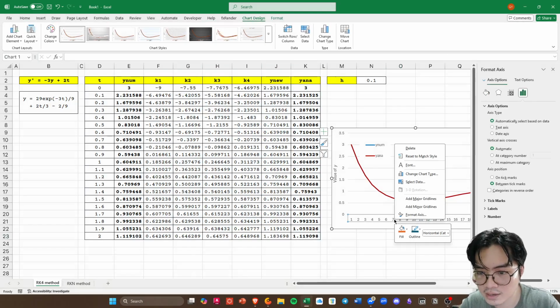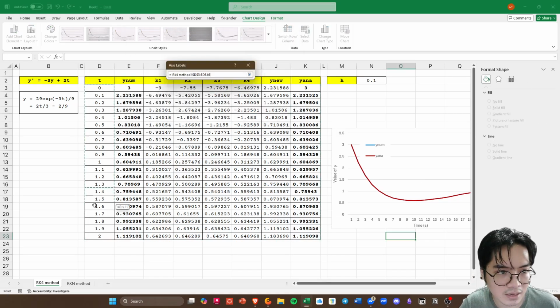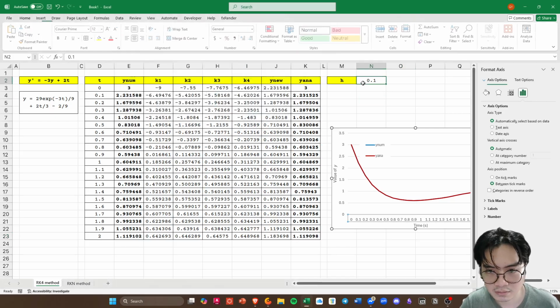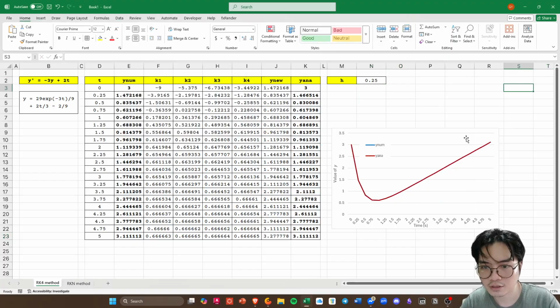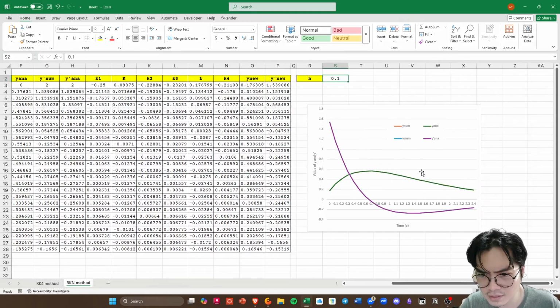Let's have the time in seconds. What we'll do here is select our data and edit it to become this: Y numerical, Y. Okay. Hopefully this changes as well. Yep, it does change. So we can see the involvement of these different values.